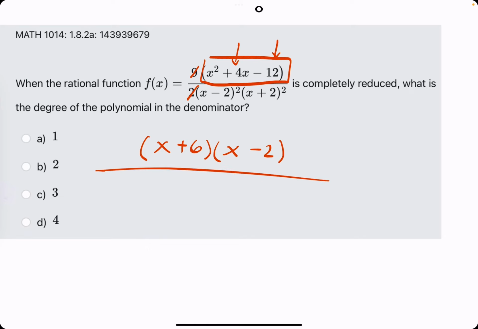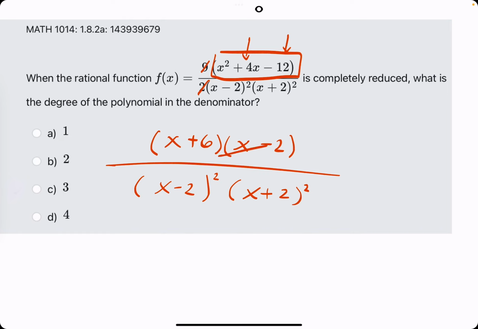So we get those values, and then on the bottom, we have x minus 2 squared and x plus 2 squared. Does anything cancel on top and bottom? We have an x minus 2 canceling with a single x minus 2 on the bottom, making this exponent now just a 1. So what we're left with is x minus 2 to the first, and then this is fully gone.